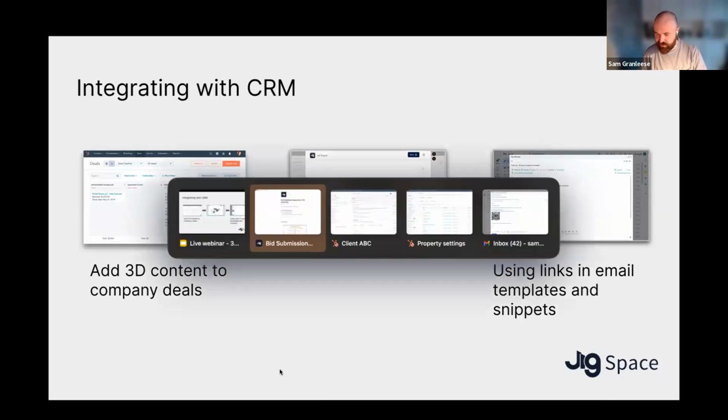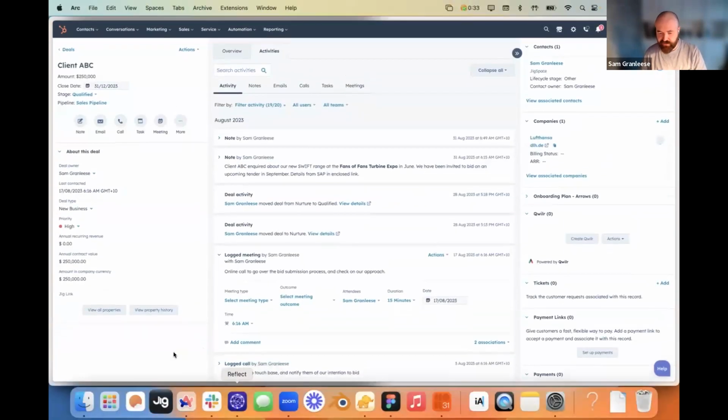The first thing I'll show you is at a deal level. So on HubSpot, all of your sales deals kind of live against a deal record, which combines contact information, company information, all the notes and logged information like meetings and calls and so on. But it's also a place for assets to live.